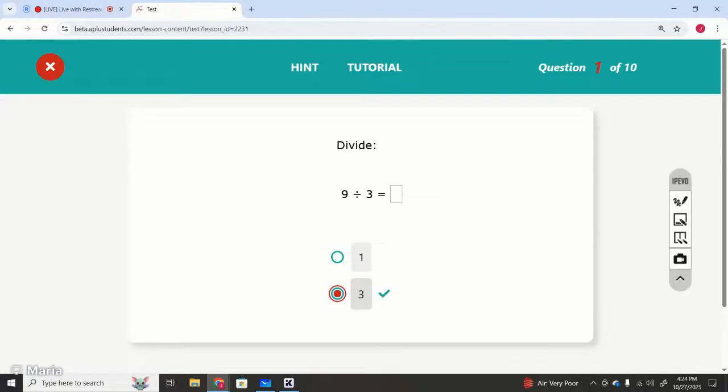The correct option is 3. 24 divided by 3. 3 times what number is 24?